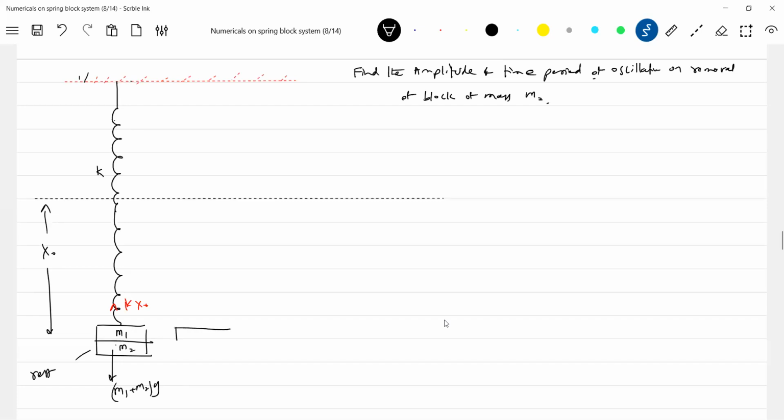I'm going to remove the block m2. What will happen to block m1? Will it be there only? Earlier kx naught was balancing (m1 plus m2)g.